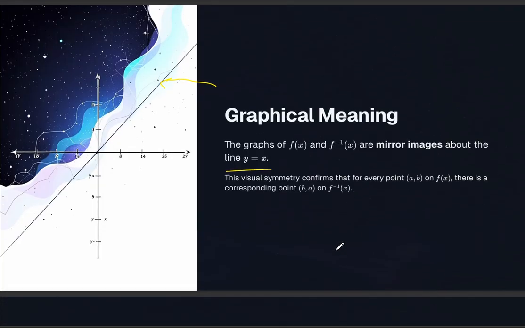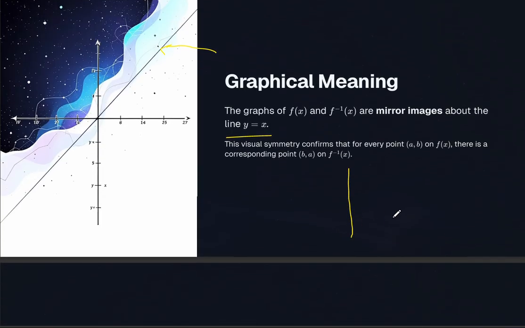What this means is, when we take the mirror image about the line y equal to x of any function, then the image which we get is the graph of the inverse function, and the coordinates of that inverse will simply get reversed.